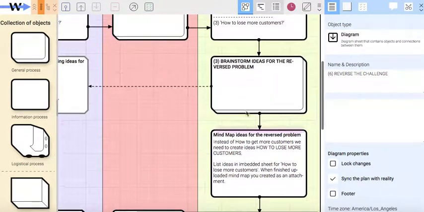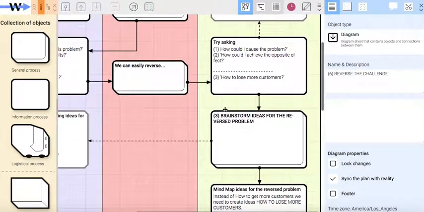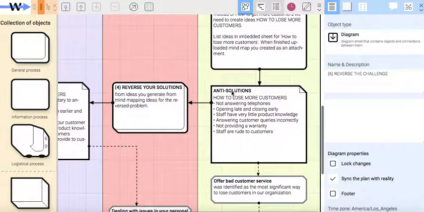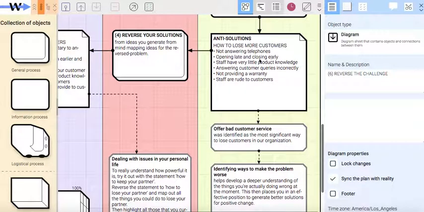And then what's going to happen from step 3, we're going to brainstorm ideas for the reverse problem that we got in step 2, and the anti-solutions are what we get, okay, which are how to lose more customers: not answering telephones, opening late, staff have very little product knowledge, answering customers' queries incorrectly, not providing a warranty, staff are rude.